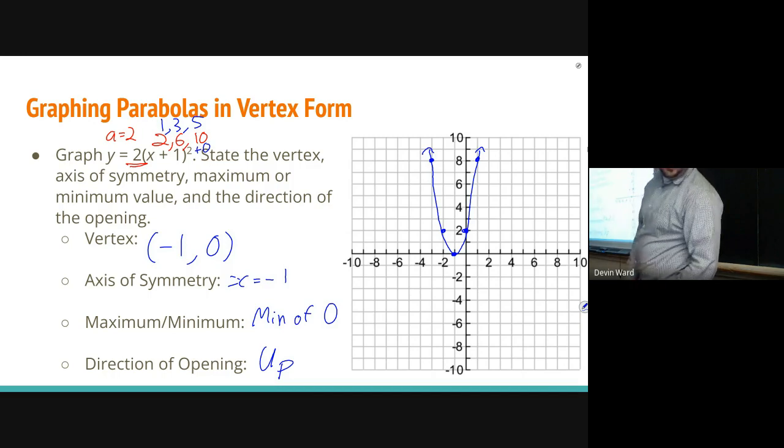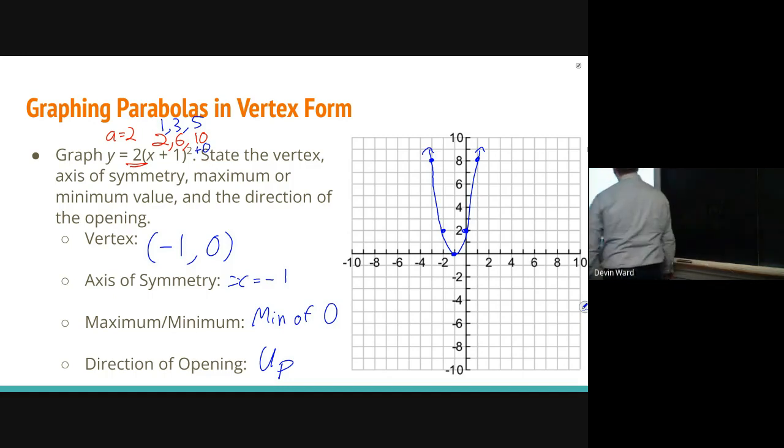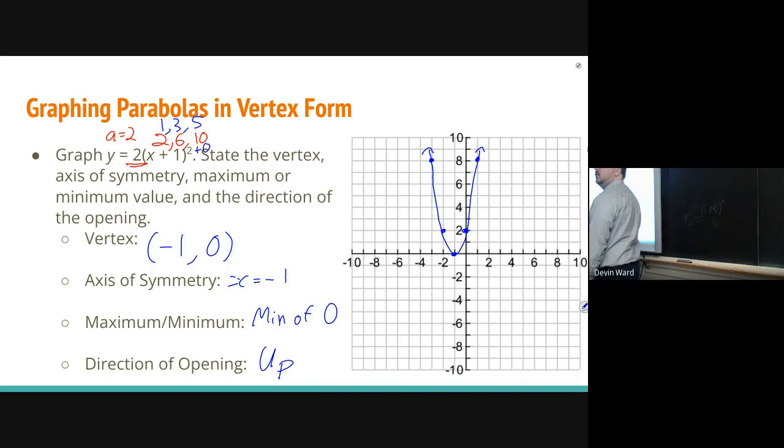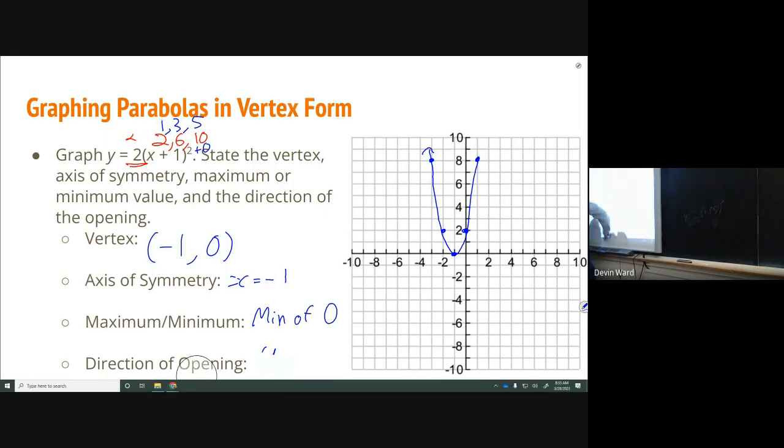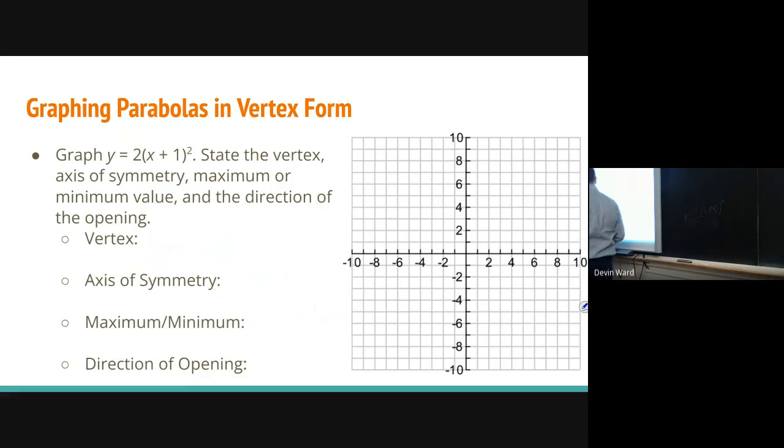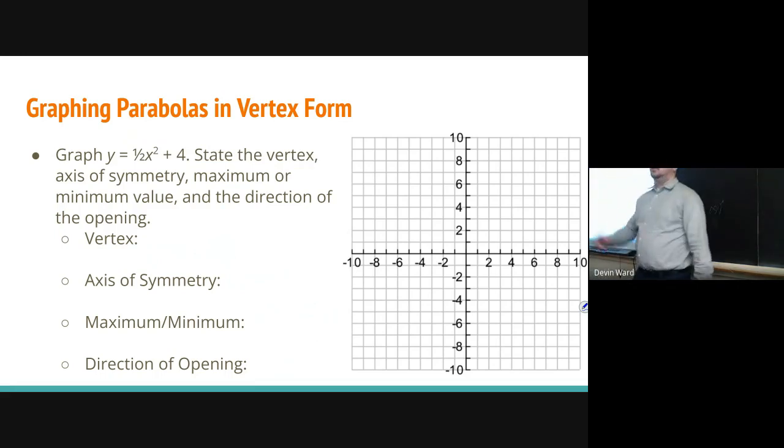Now next one, I forgot I left this one a fraction, so we're going to change it. Scratch out that 1/2.